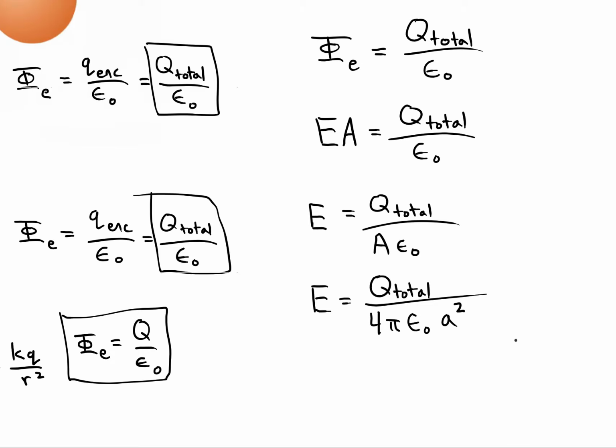And here we also have to recall that k is equal to 1 over 4 pi epsilon naught.